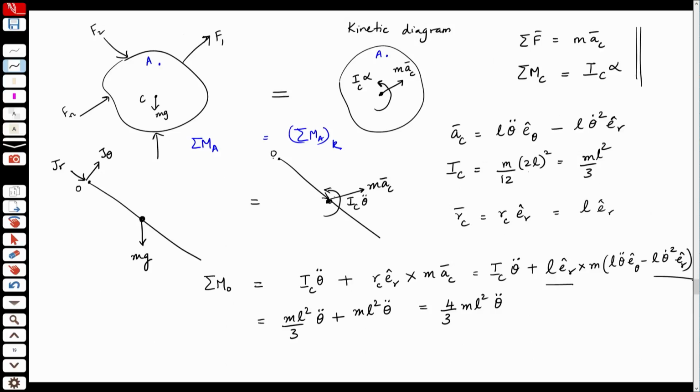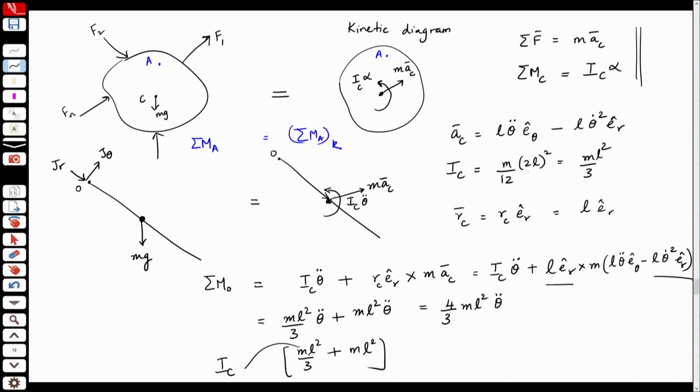Now, let me look at this term, right, m L squared by 3 plus m L squared. Okay, let me just look at this term. m L squared by 3 is what I computed to be I_C. Okay.